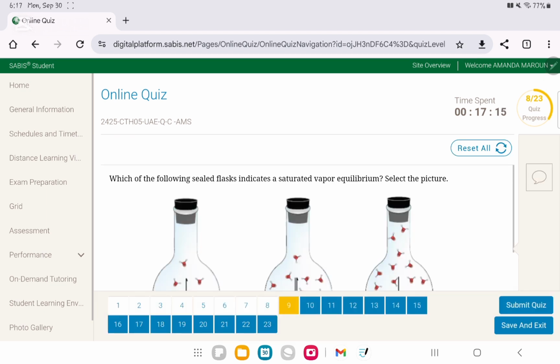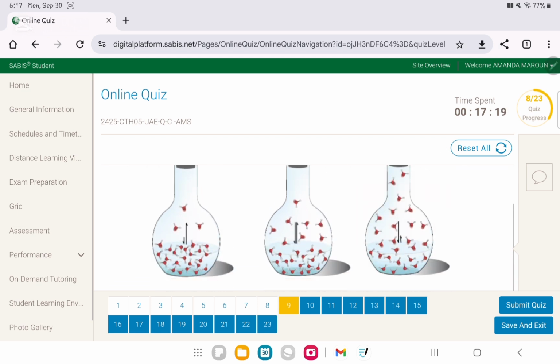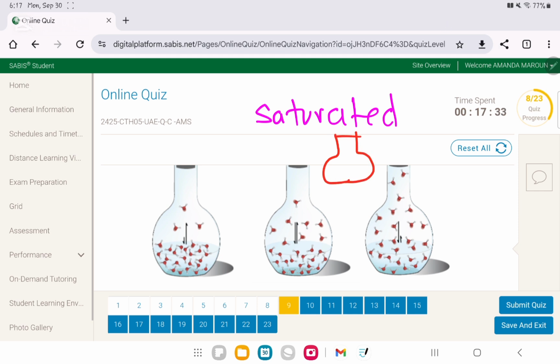Question number 9. Which of the following sealed flasks indicate a saturated vapor at equilibrium? What do we mean by saturated? Let's take these, for example. Let me draw one, sorry for the bad drawing. Okay, we have this conical flask. We have this liquid over here, and here we have the evaporated molecules.